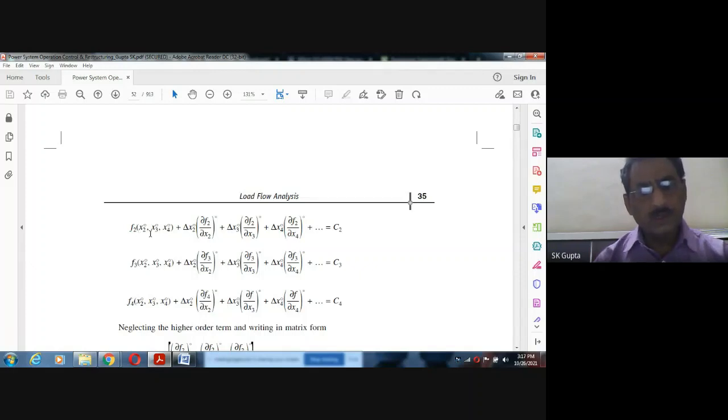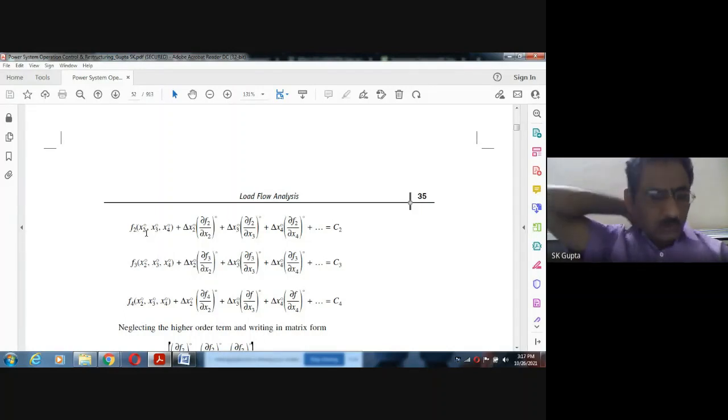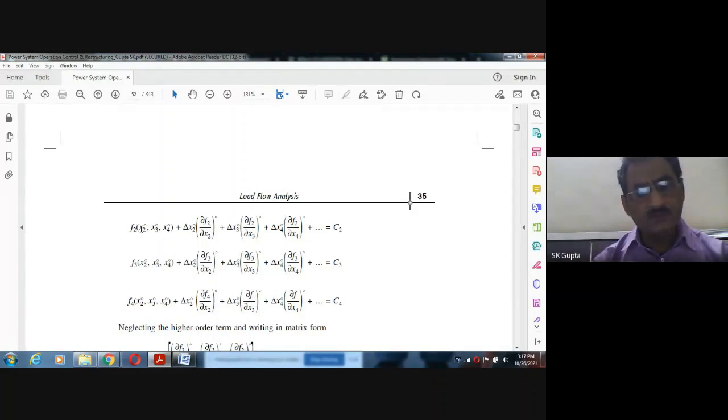If we apply the Taylor series, first the initial estimation values x2, x3, x4 are known. By putting the estimated values into the function, we will get this f2, which is calculated. Now we take the derivative of f2 with respect to x2, x3, x4.